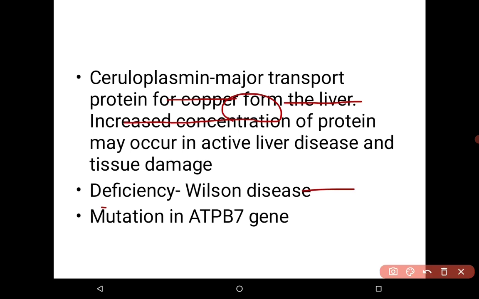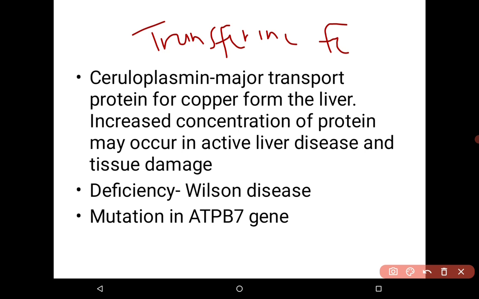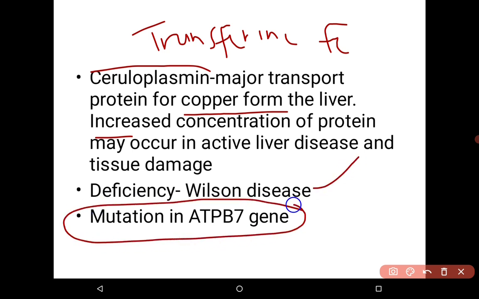So just like we talked about transferrin, which transports iron, we also have ceruloplasmin, which transports copper from the liver. Okay. Increased concentration of this protein may occur in active liver disease and tissue damage. So the deficiency causes a condition called Wilson disease. The main problem is the mutation of this gene here.